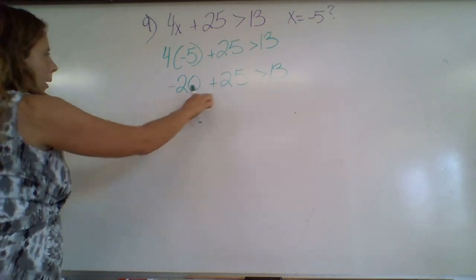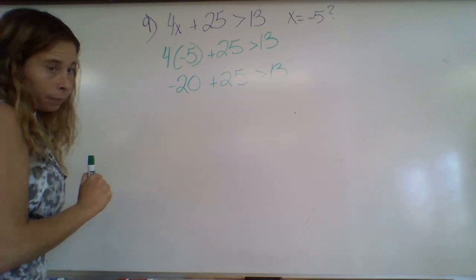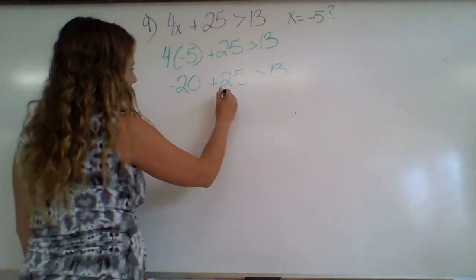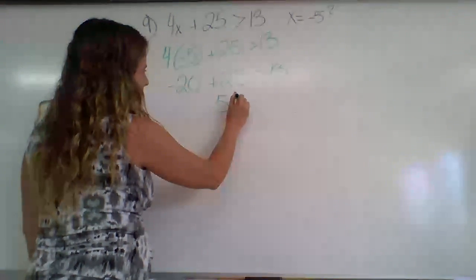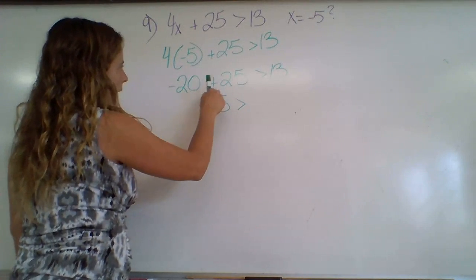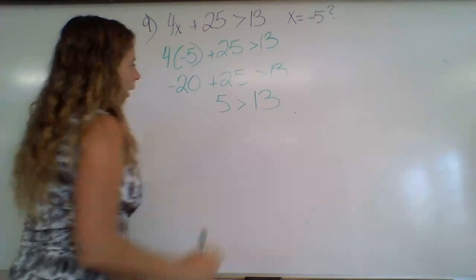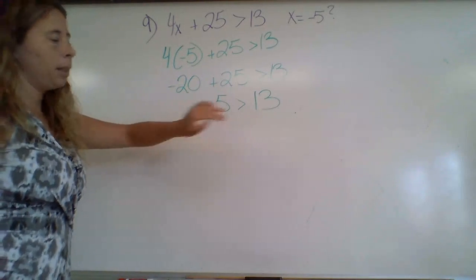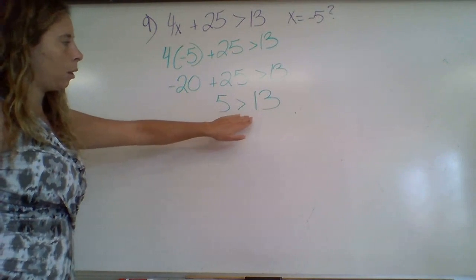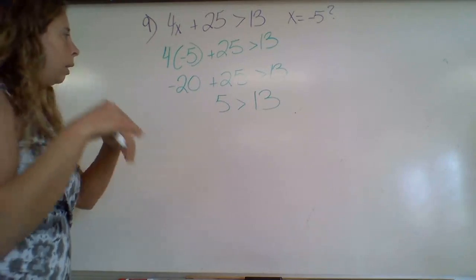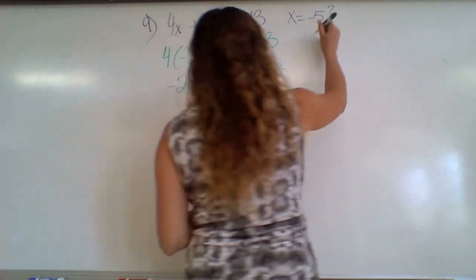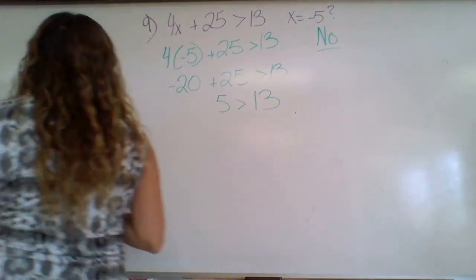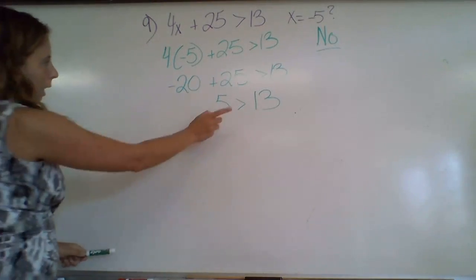And then negative 20 plus 25 is 5. And then rewrite the other side. So then, is this true? Is 5 greater than 13? No. Okay, so the answer would be no. No, it is not a solution, because that is not true.